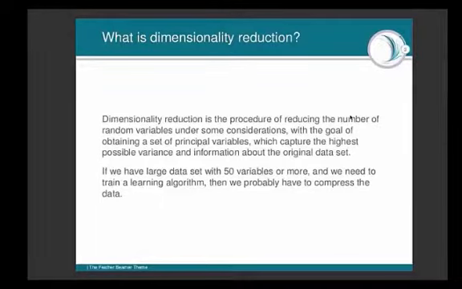If we have a large dataset with 50 variables or more and we need to train a learning algorithm, then we probably have to compress the data. The higher the number of features, the harder it gets to visualize the training set and then work on it.